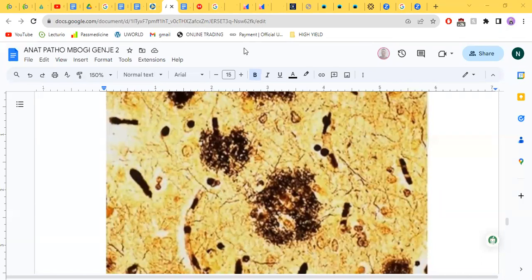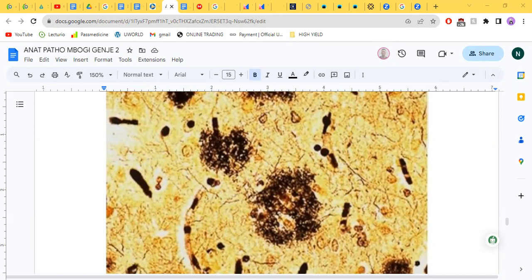So between the taus and the beta amyloid plaques and the tau proteins, which ones are found intracellularly and which ones are found extracellularly? Yes, the tau proteins are intracellular. Therefore, it means that the beta amyloids are exactly extracellular.